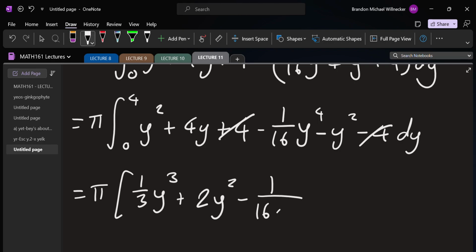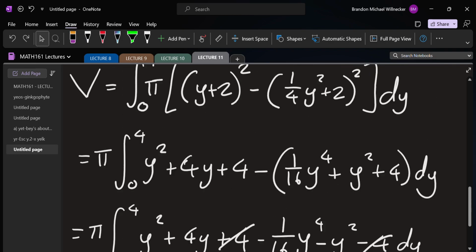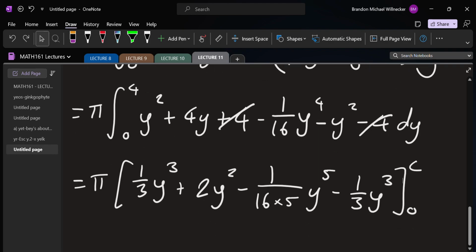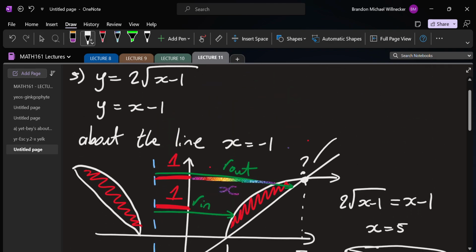So that's going to be pi, 1/3 y cubed plus 2y squared minus, that's going to be 16 times 5 from there, y to the 5 minus 1/3 y cubed from 0 to 4. Okay, the 0 doesn't do anything.